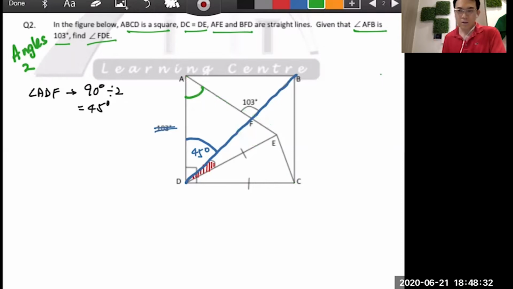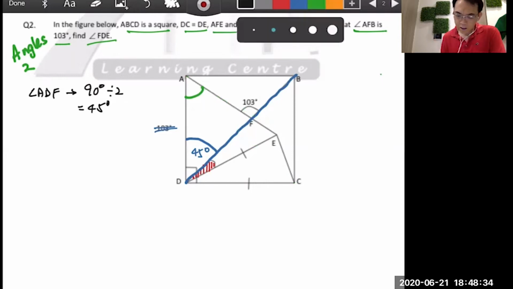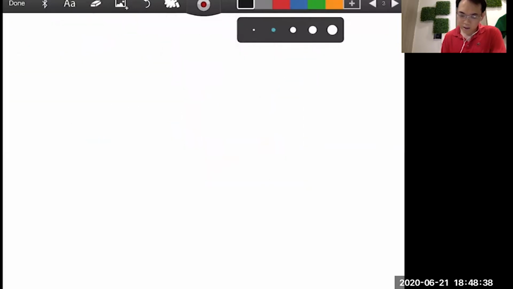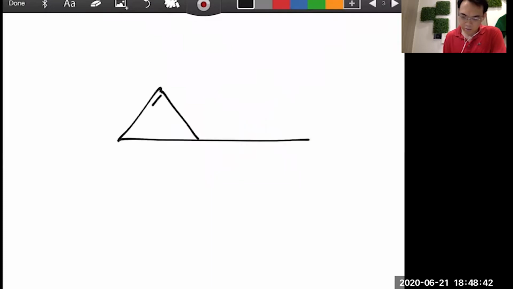What do I mean? Well, in the topic of angles, we have learned that if we have two angles inside a triangle, it will add up together to form the angle outside. We call the exterior angle.